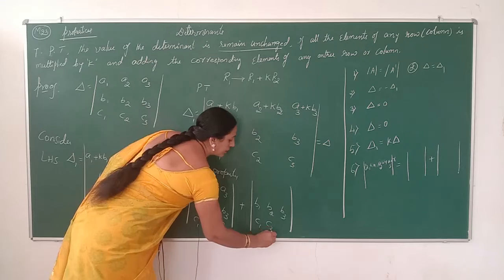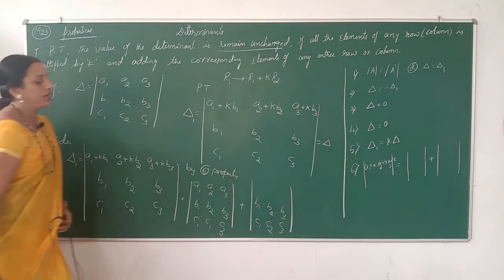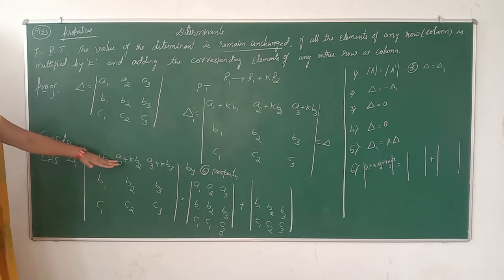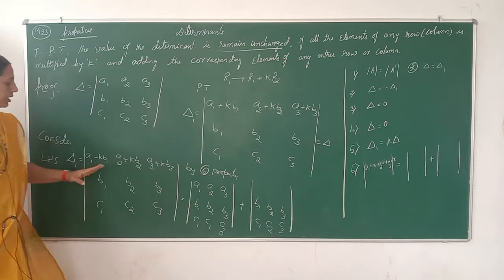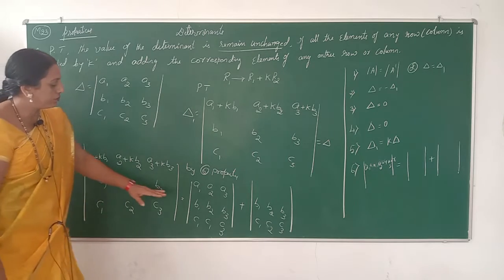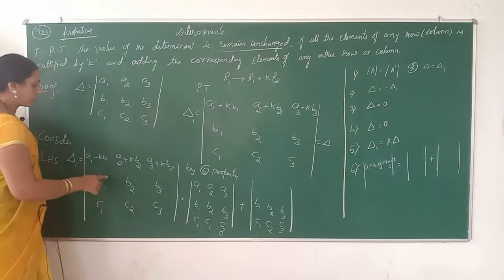The second and third rows do not alter because they are not sums or differences of elements; only the first row elements are being added to some other elements. Therefore, these elements will be distributed, but the second and third rows are always the same.